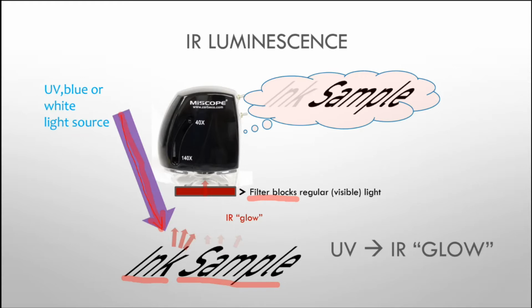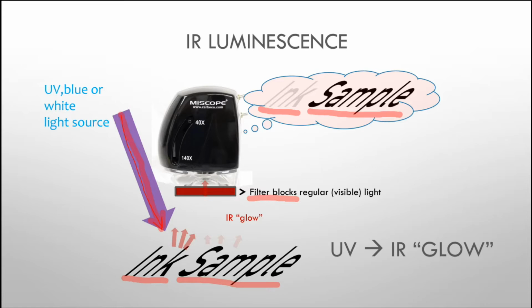And so in this case, using this filter, all we would get would be the brighter glow from the first part of the writing, so it would look lighter, and maybe a little bit of glow from the second part of the ink, and then also some glow from the paper that it's all written on.